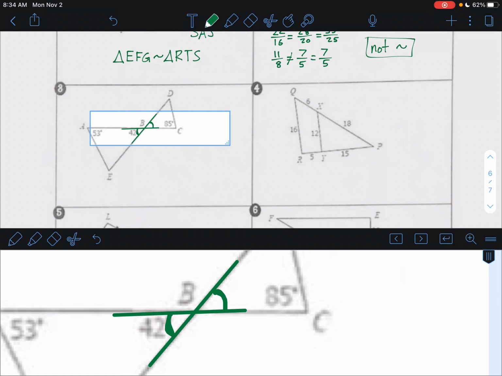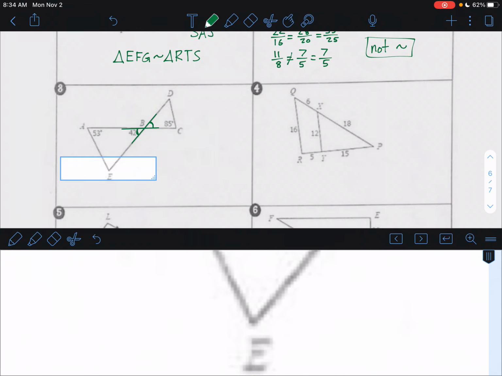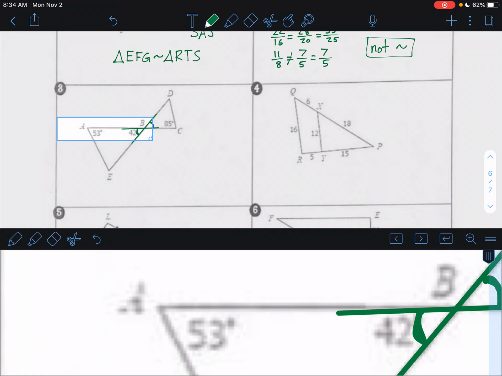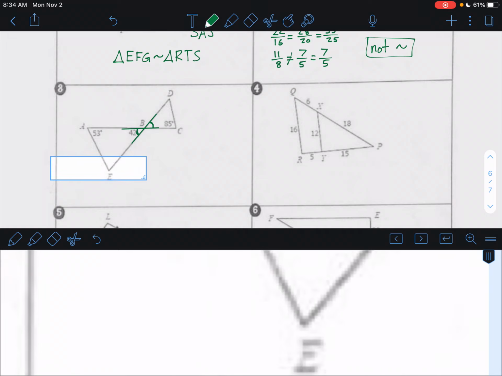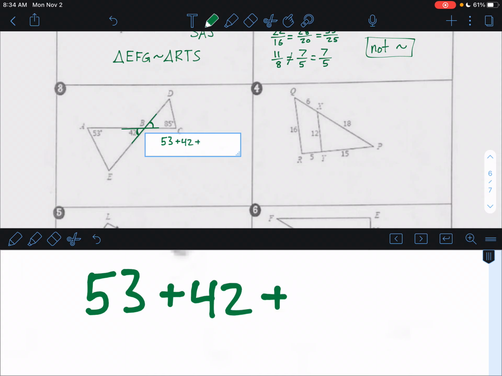Let's see. Also, looking at this triangle ABE, I have 2 angle measures there. I'm able to figure out the third using the triangle sum theorem. So I can say that 53 plus 42 plus the measure of angle E is going to equal 180.